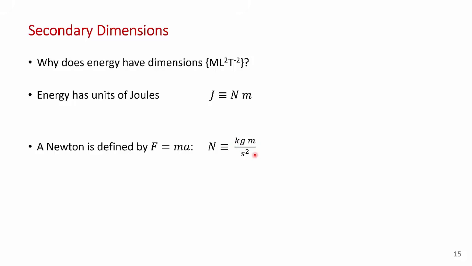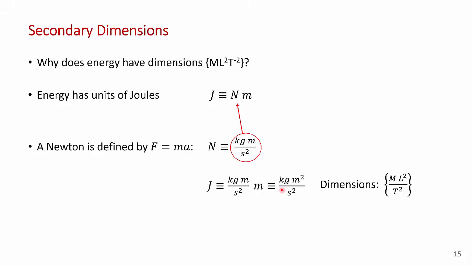So now we can substitute it in here for the Newton, and we have it all in terms of primary dimensions. If we do that, we get kilogram meter per second squared, and we have this meter here, so kilogram meter squared per second squared. And so you can see from this that it has dimensions of mass, length squared over time squared.